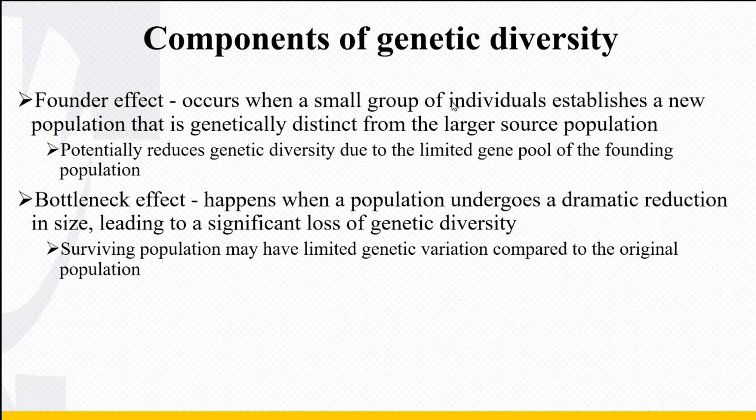And so then we lose those genetic resources inside of that gene pool. A bottleneck effect kind of goes along with that founder effect in that we lose some of that genetic diversity because there's no other plant material or genetic variation in order to continue on those lines, right? So we get this dramatic reduction in the size of that population. And if we don't have many other plants to combine with, then we lose that genetic diversity.